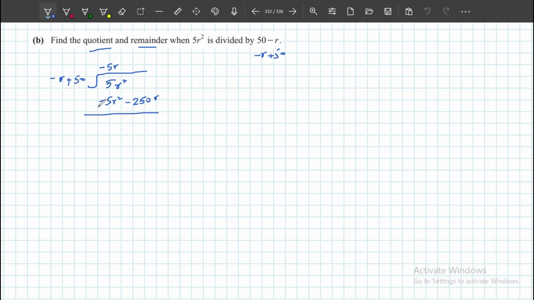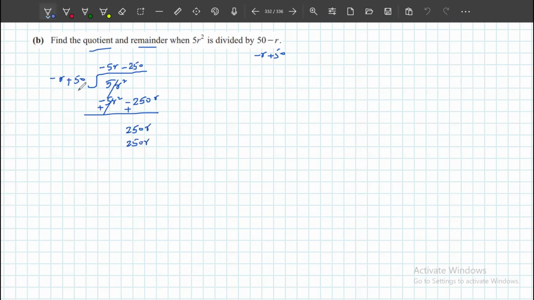First, we change the symbols. Like if it is minus, write plus. Plus, so cancel. It gives me 250r. And now we will continue with the help of minus r plus 50. So minus 250 will work for us. That means once you multiply minus 250 with r, it gives me 250r.